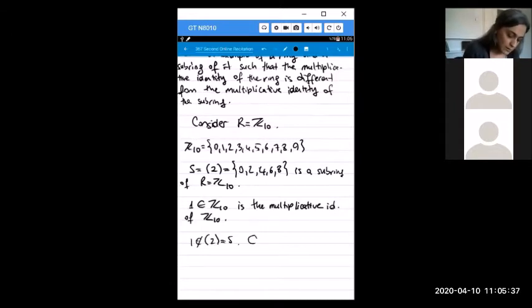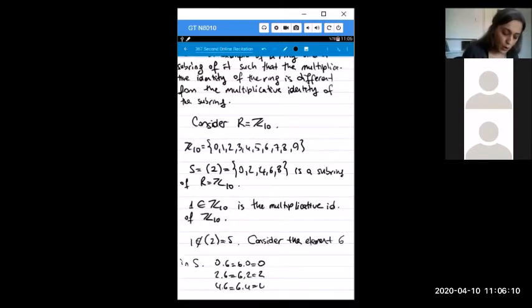Consider the element 6 in S. Now let us apply the multiplication with all elements in S. 0 times 6 is equal to 6 times 0, which is 0. 2 times 6 is equal to 6 times 2, which is equal to 2. 4 times 6 is equal to 6 times 4, which is equal to 4.